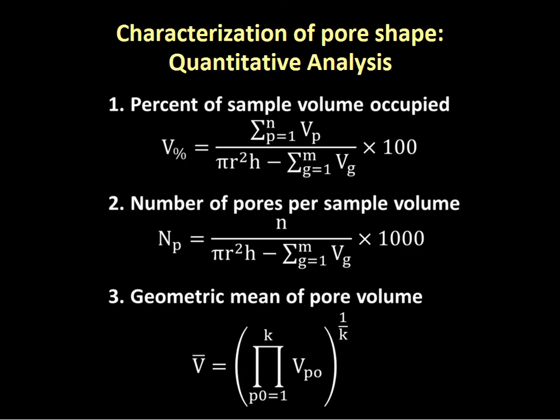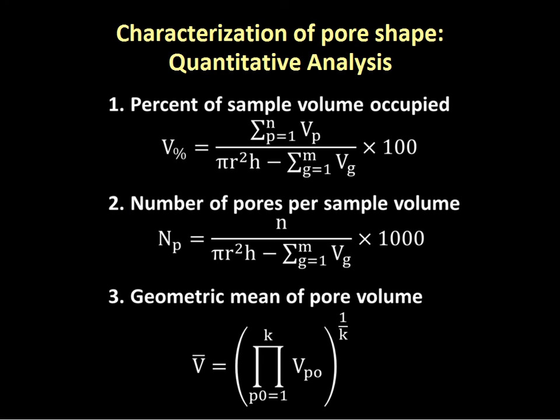Then once I had the pores classified by shape, I could calculate 3 different values from the CT scan. The first is the percent of the sample volume that was occupied by pores of a certain shape. What this formula is showing is that this was a gravel-corrected volume, so I was taking into account how much of the sample was gravel.